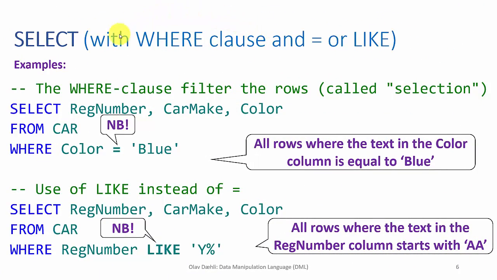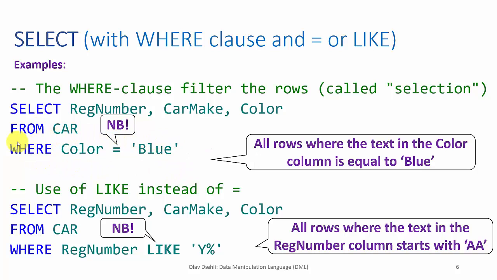Earlier I said that we could use a where clause to filter which rows we want in return from the query. Here I have a simple query which will return values from 3 columns from the table named car. And if I don't use any where clause, then it will return all the rows in the table.